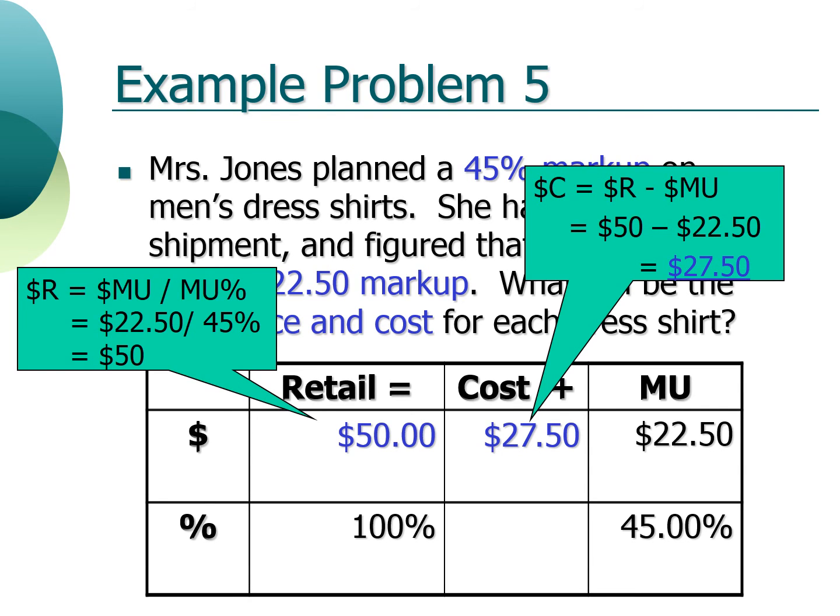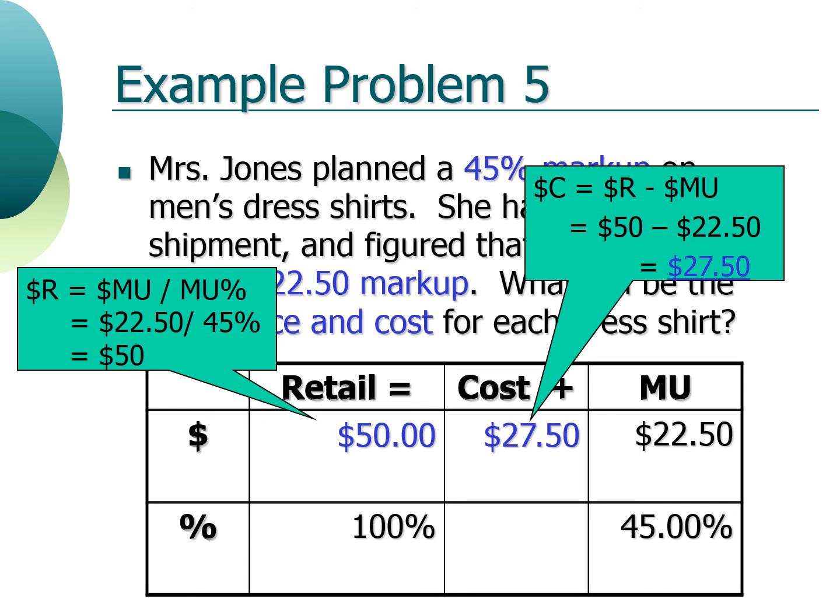Alright, let's take a look at the answer together. Okay. In this case, the first step is to figure out what the retail dollar is. Given that the markup dollar is $22.50 and markup percent is 45%, and we know that markup percent is a percent of retail, right? So that means 45% equals the markup dollar, 22.5, divided by your retail dollar.